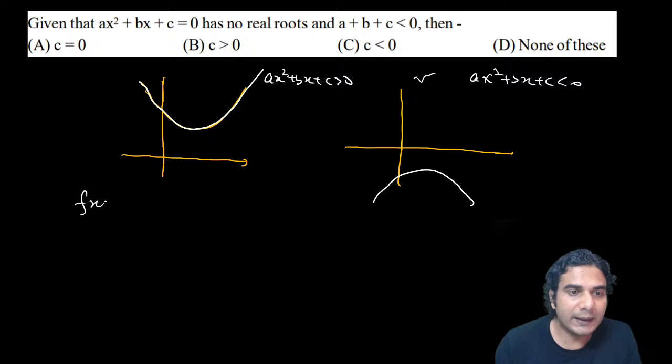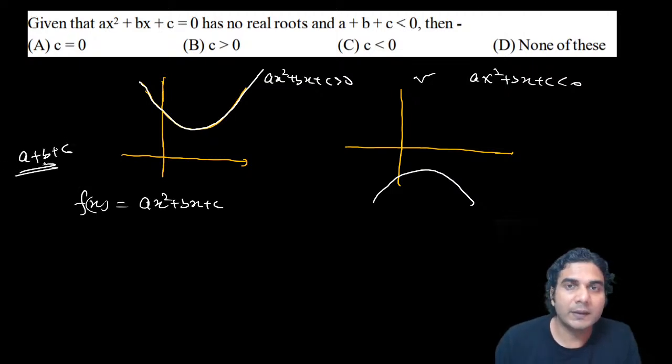But let's take this as f(x) equal to ax square plus bx plus c. Then what does the value a plus b plus c represent? This is the value of this expression at x equal to 1. So he is giving us one value, positive or negative, to differentiate between these two graphs.